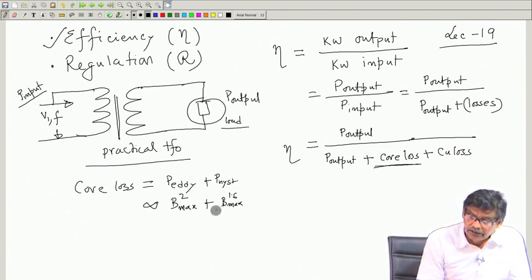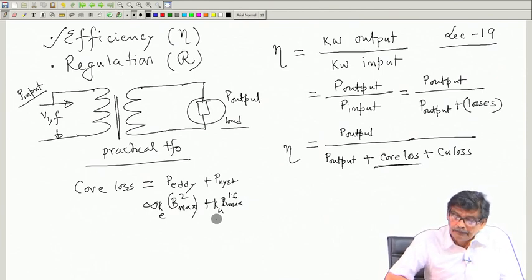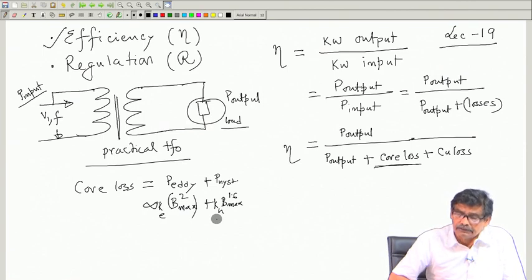Core loss will be proportional to these things. Of course, the constant of proportionality will be different, I write K E here, K H here. So, the level of B max is a crucial factor.